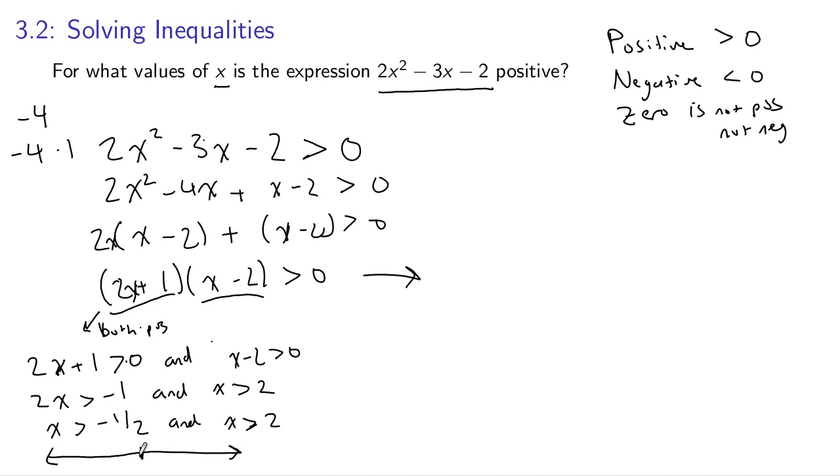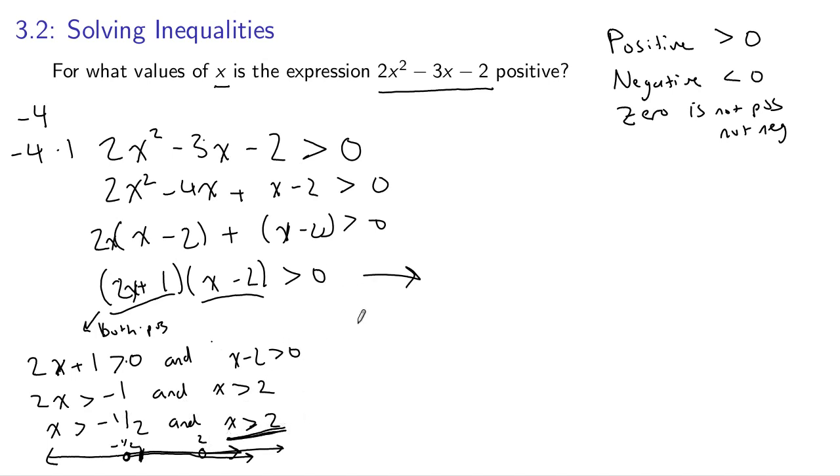Here's 0. Here's minus 1/2. Here's 2. The first statement is all the numbers bigger than minus 1/2. The second statement is all the numbers bigger than 2. Where are they both true? When x is bigger than 2. The first one is superfluous and unnecessary. So this half of the logic got us x is greater than 2.